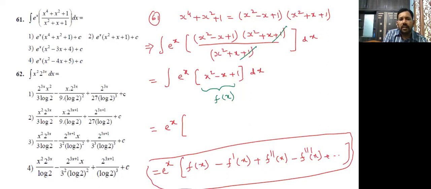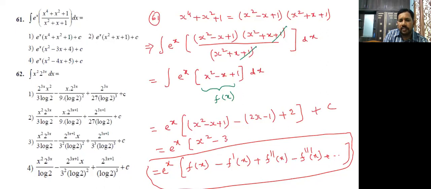Now first write the f of x function, that is x square minus x plus 1, minus f dash of x, what will come? 2x minus 1, plus f double dash of x, that is the differentiation of 2x minus 1, which is 2, plus c. This is the answer. And observe that e power x into, writing the terms in particular order, x square minus 3x plus 4, plus c. This is the final answer.